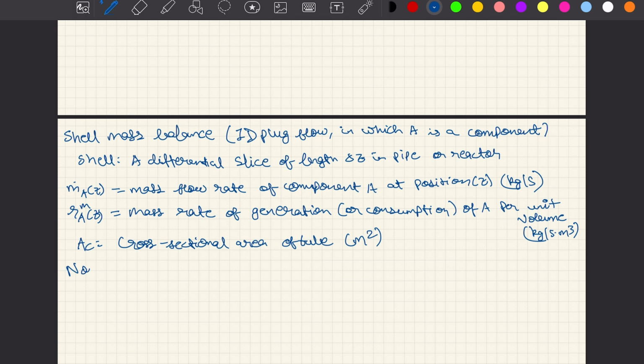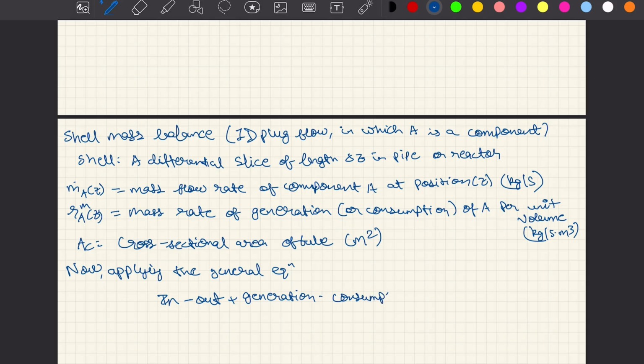Now applying the general equation, input minus output plus generation minus consumption is equal to accumulation.